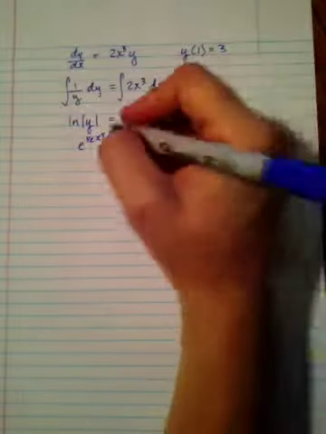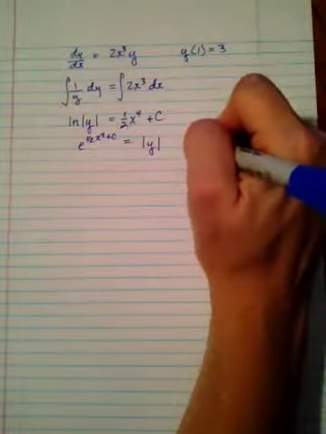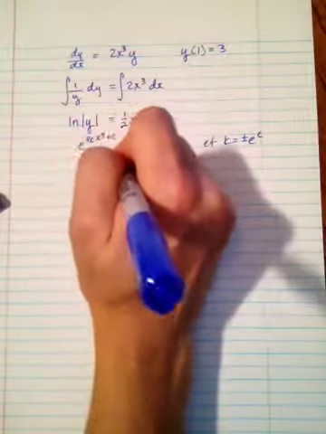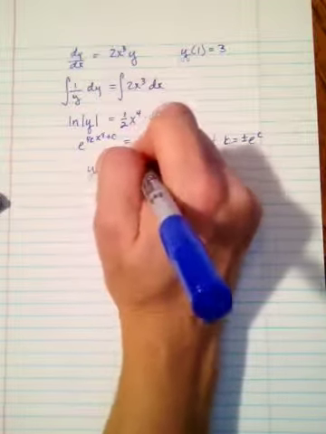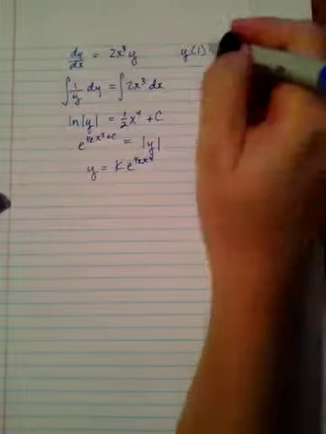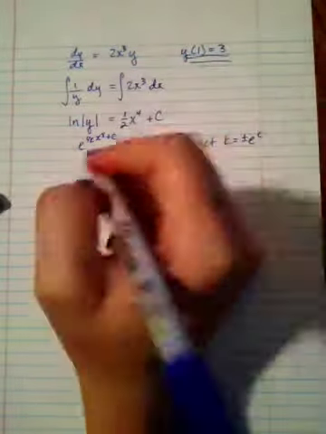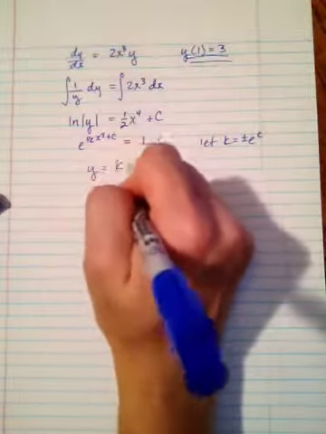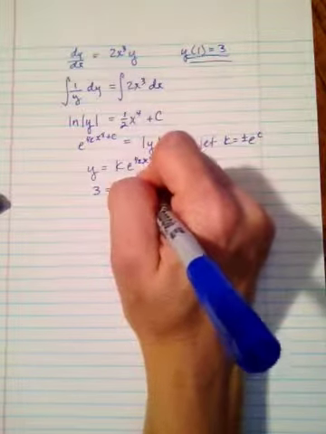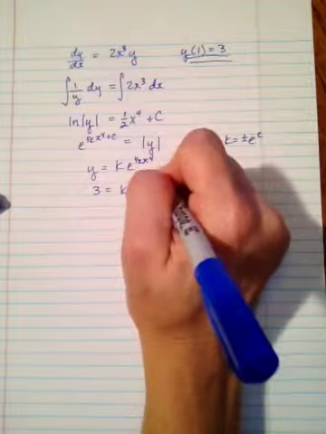Now you could actually start plugging in right here, but we're going to say let k equal plus or minus e to the c, and I'm going to say y equals k e to the 1/2 x to the 4th. Next thing I'm going to do is actually plug my point in. So we have 3 equals k e to the 1/2 times 1 to the 4th.